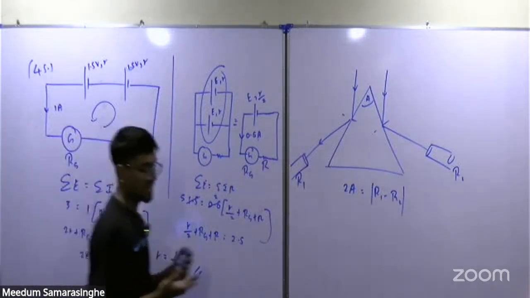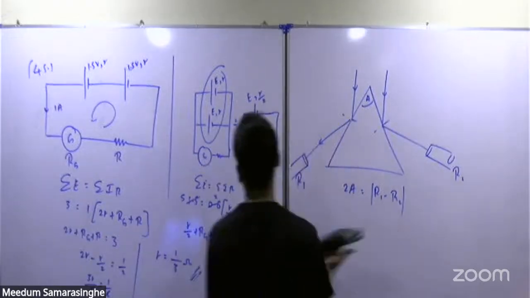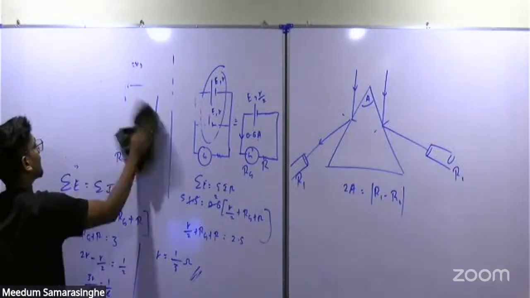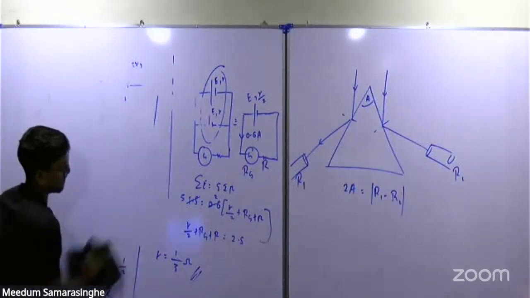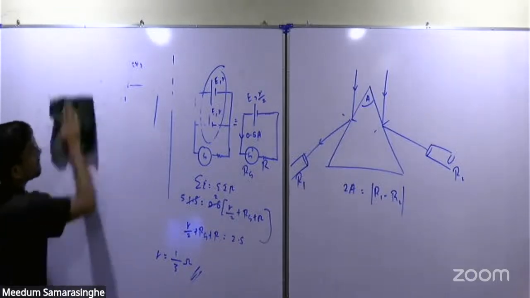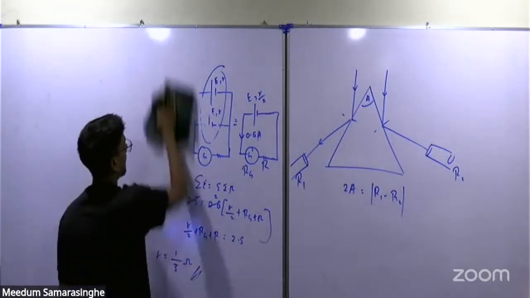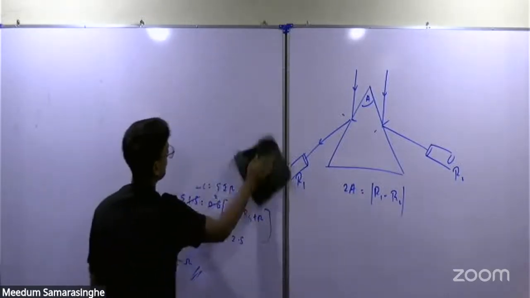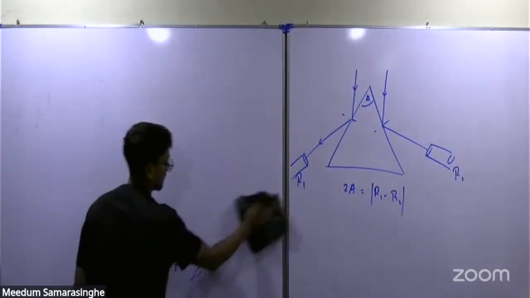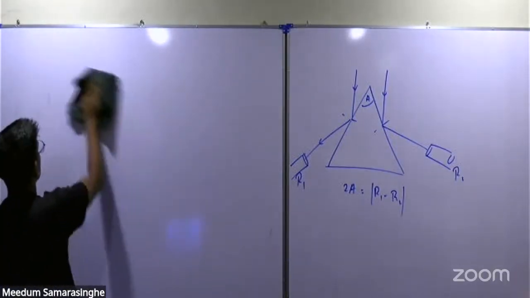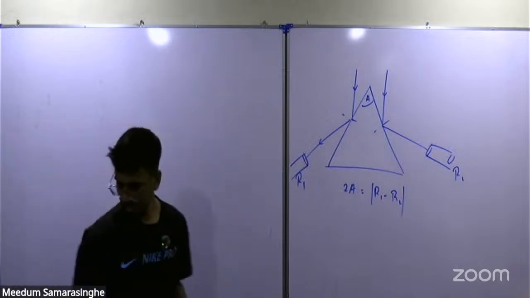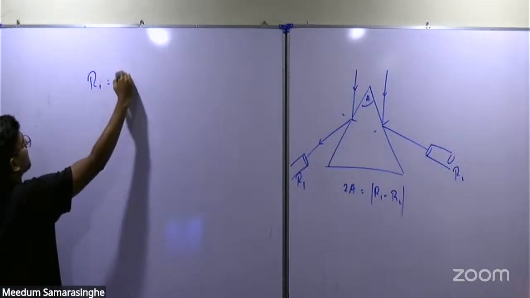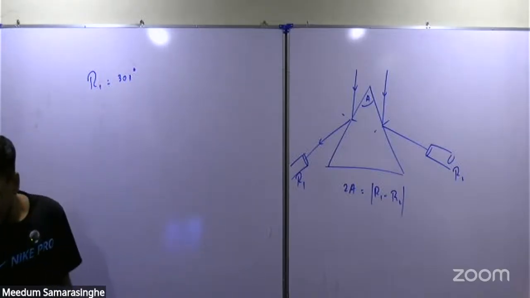Now the two readings are like this. R1 is 303 degrees 22 minutes.